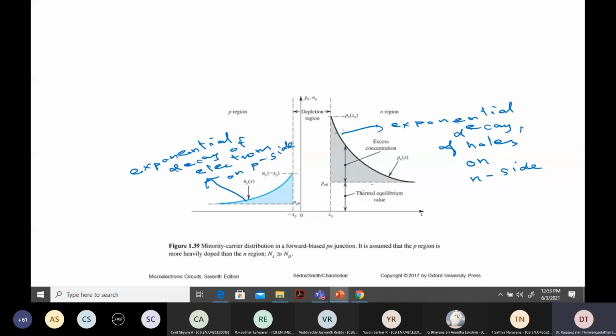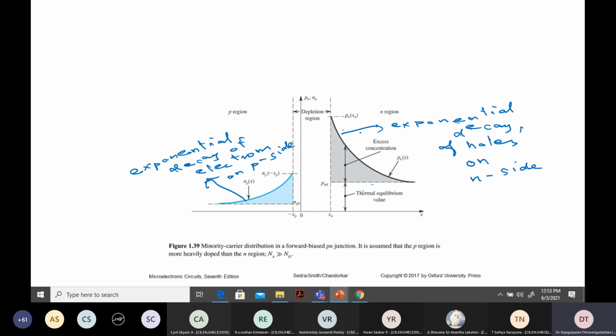Whatever the decay of the minority carrier is happening, what you have to understand is that the majority carrier electrons in the N region and the majority carrier holes in the P region are getting recombined with the counter charges respectively.